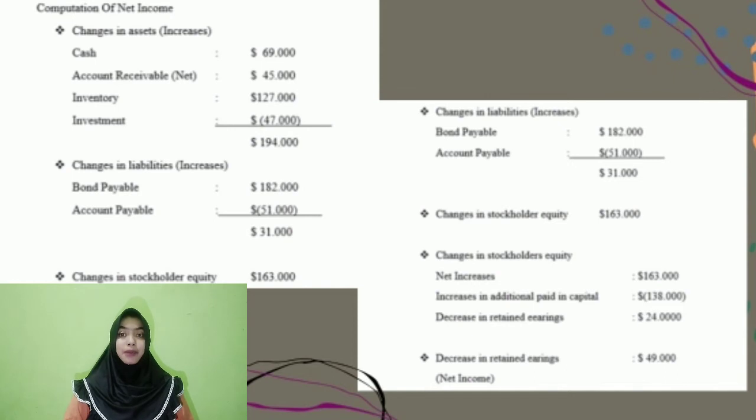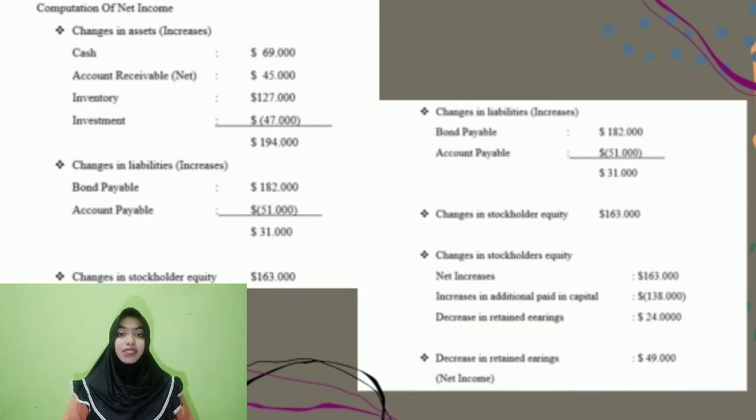Assets less liability, $194,000 minus $31,000 means $163,000.